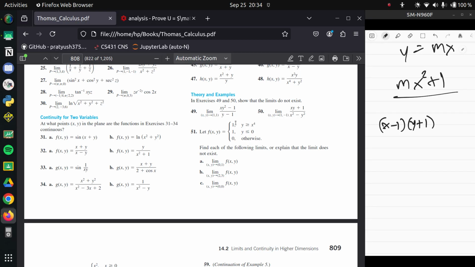right? So you just have that's equal to xy plus x minus y plus 1. So this 1 is already clear. You just need to substitute this stuff. It's like (x minus 1)(y plus 1) minus x plus y, pretty much.